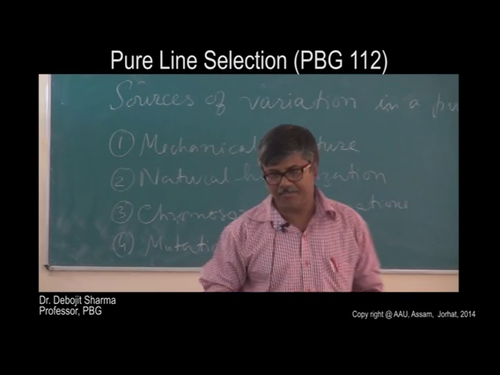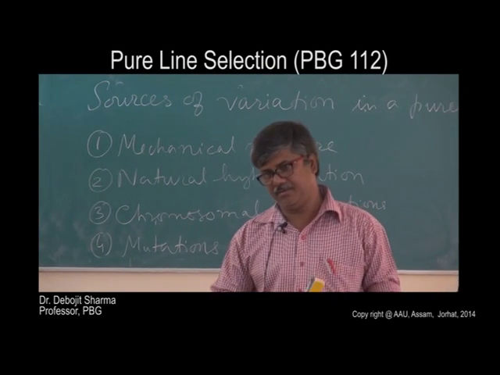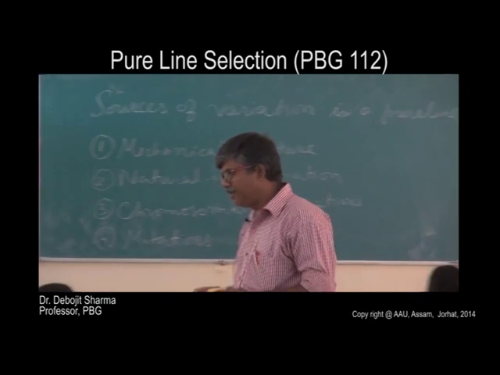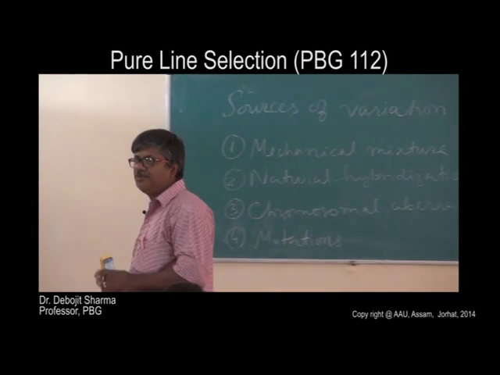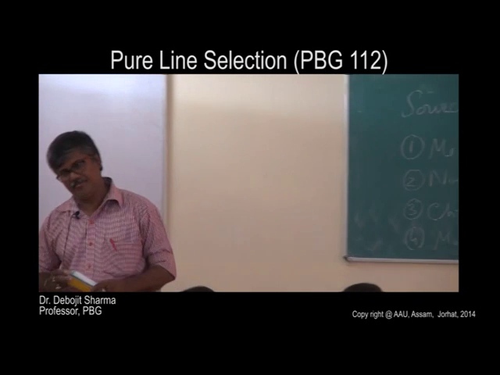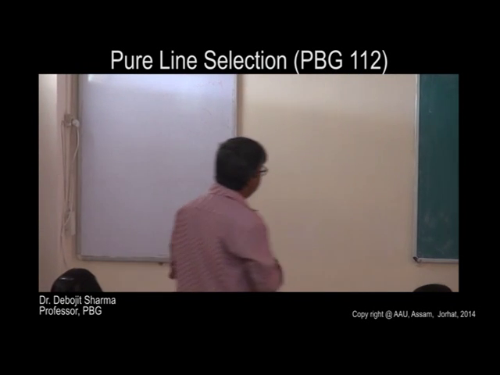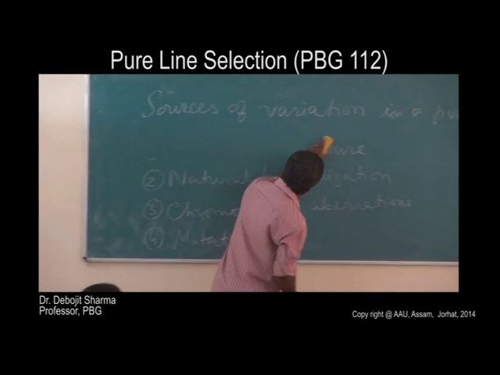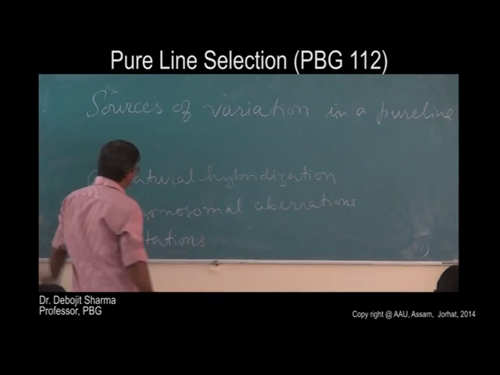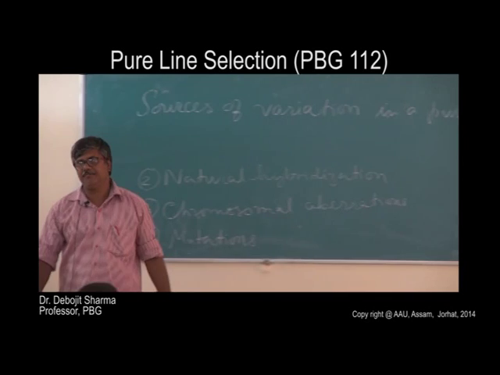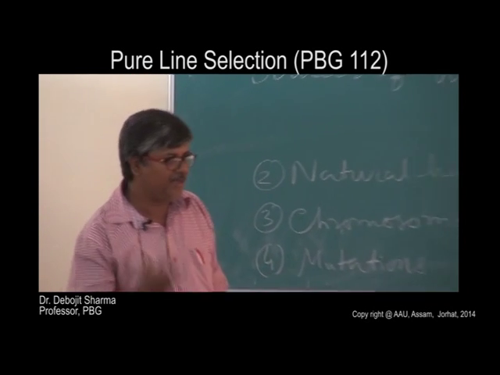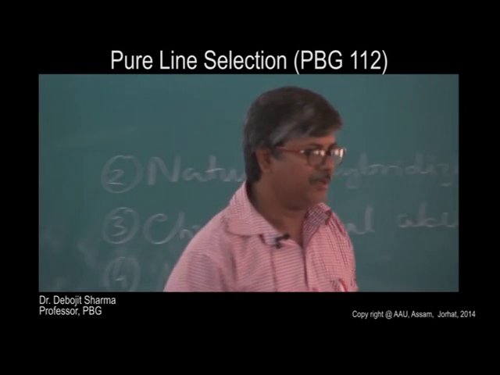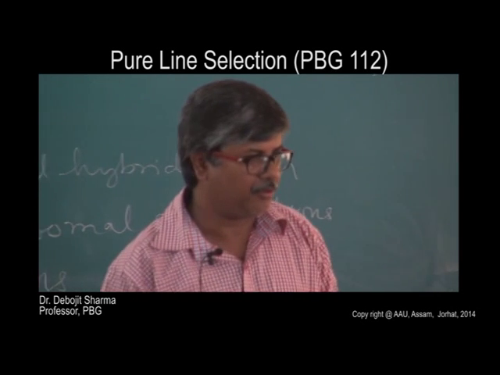And when it is mixed with other pure lines, that will lead to variation. Okay, that is one source. Then a second source of variation is natural hybridization. You already know that even in self-pollinated crops, there is some outcrossing or cross-pollination.